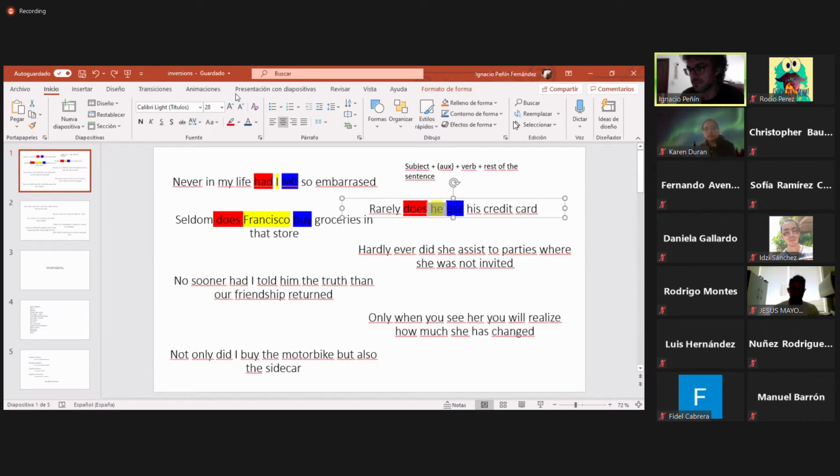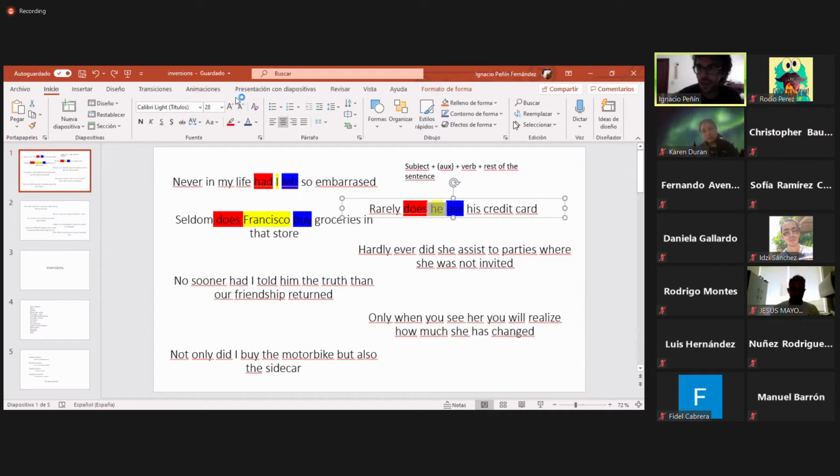I will have to use the particle not after the auxiliary. But in this case, I don't use the particle not. I'm giving you the meaning of a negative action. In this case, I haven't been so embarrassed in my life.